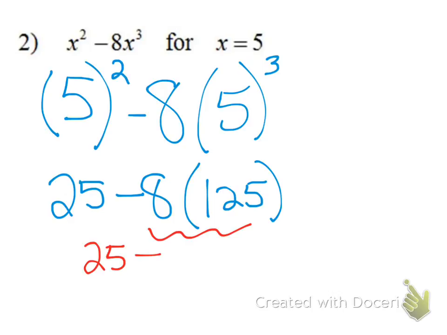What is 8 times 125? 1,000. Good. And then you have to do 25 minus 1,000. Very good. Raise your hand if you have any questions.